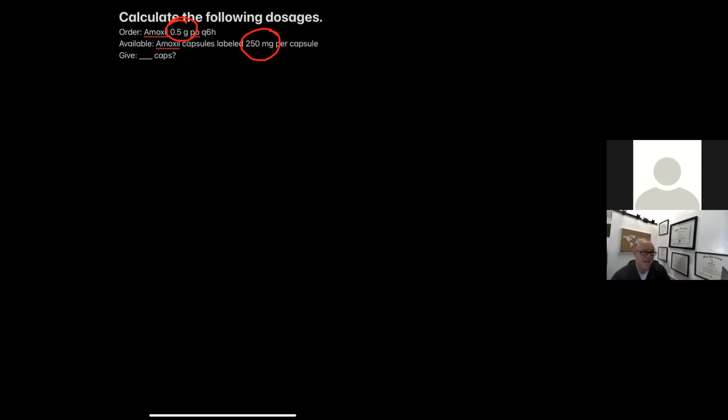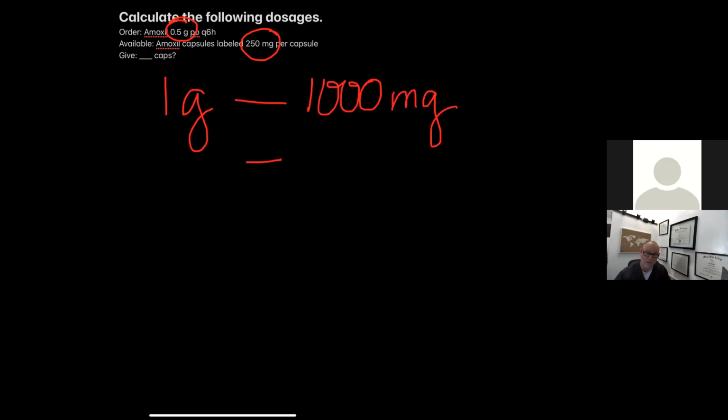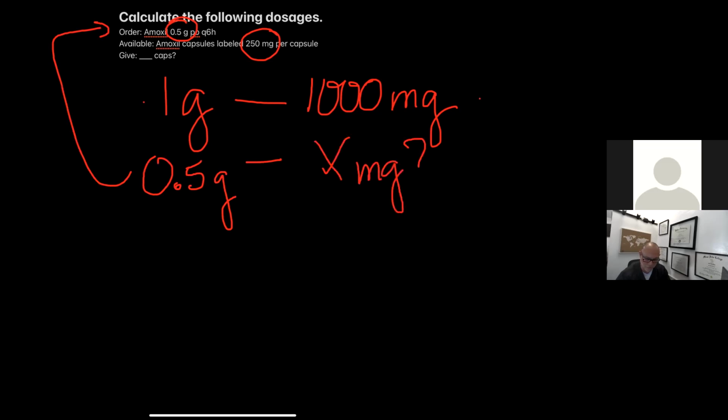Since what I have available to me is milligrams, it seems fair enough that I would convert the grams to milligrams. Now, I know for a fact, because I know my conversions, that 1 gram equals 1,000 milligrams. With that knowledge, if 1 gram is 1,000 milligrams, then 0.5 grams, which is my order, how many milligrams would that be?